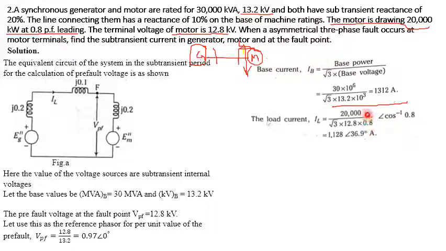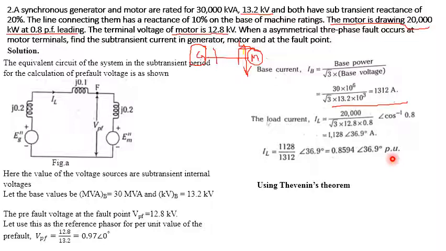Here kilowatt divided by kV cancels directly. This is leading, not lagging. With cos inverse of 0.8, you get 1128 amperes at an angle of 36.9 degrees. This is the actual value and that is the base value. I have to convert it into per unit. Actual by base gives 0.8594 at an angle of 36.9 degrees per unit.